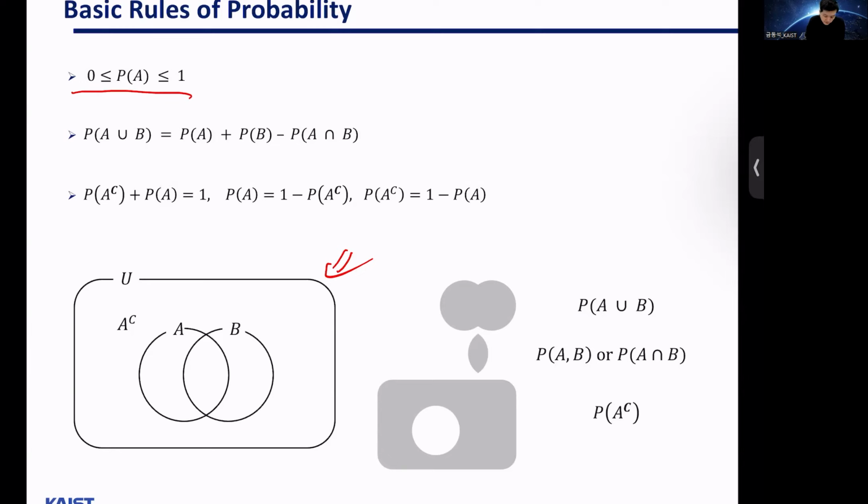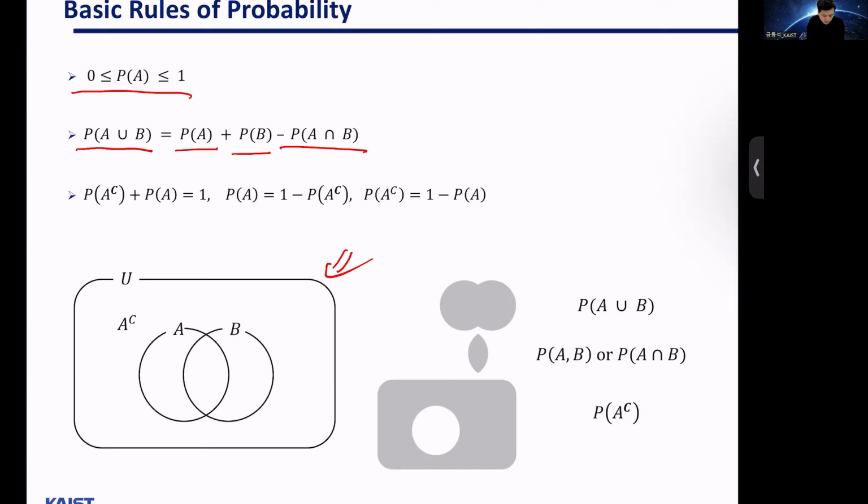The probability of the union of A and B equals the probability of A plus the probability of B minus the probability of A intersection B. Simple.